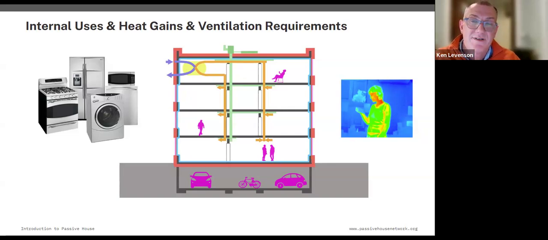So you have potential heat loss or heat gains from those ducts to the interior space. So you want to make those duct runs as short as possible for maximum efficiency.